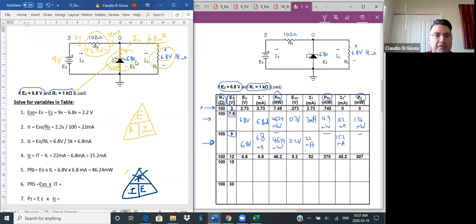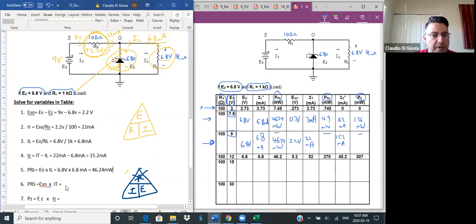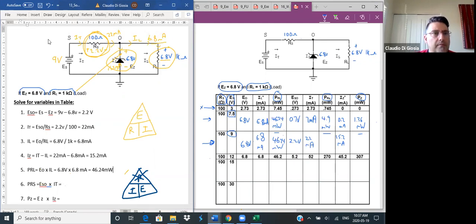Now I can figure out the wattage of my Zener and the wattage across my RS resistor. So PRS: ESO is 2.2 volts, multiplied by IT of 22 milliamps. 2.2 multiplied by 22 milli is 48.4 milliwatts.